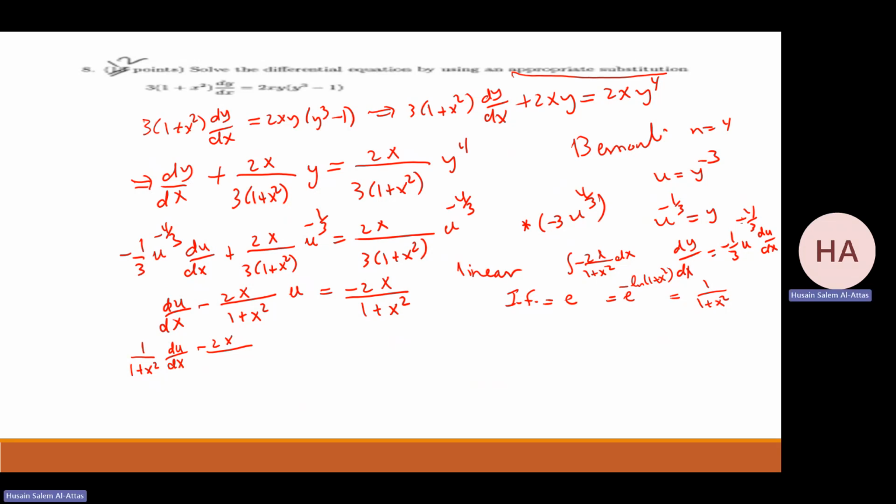That gives me minus 2x over 1 plus x squared.